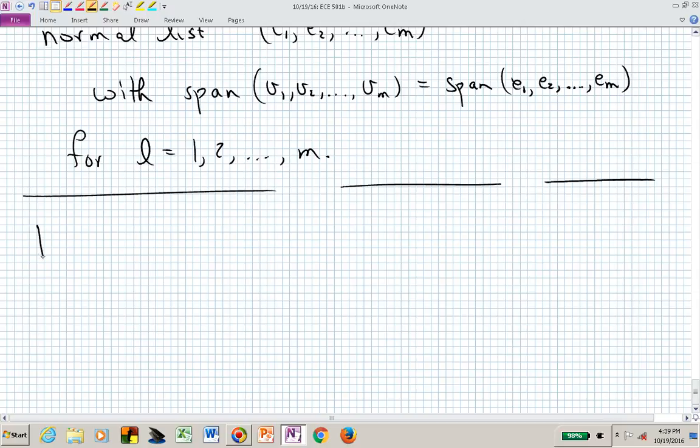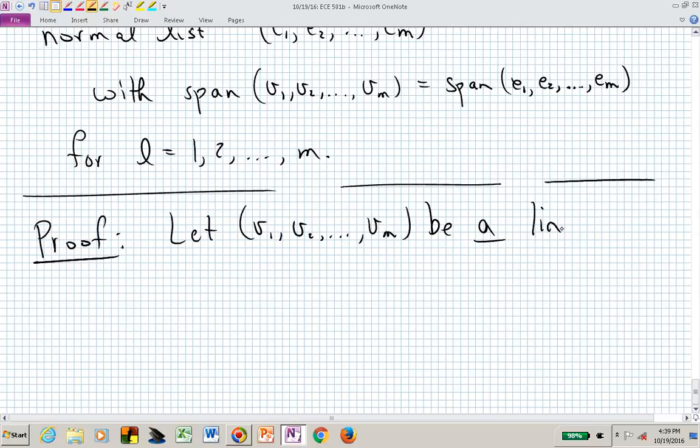Let's then start as follows. Let v1, v2, up to v sub n be a linearly independent list in our underlying vector space.